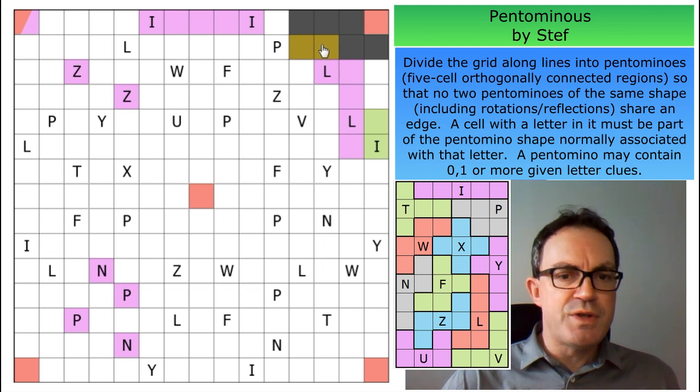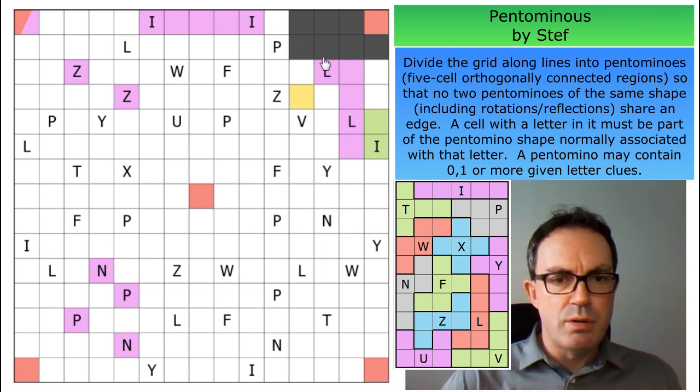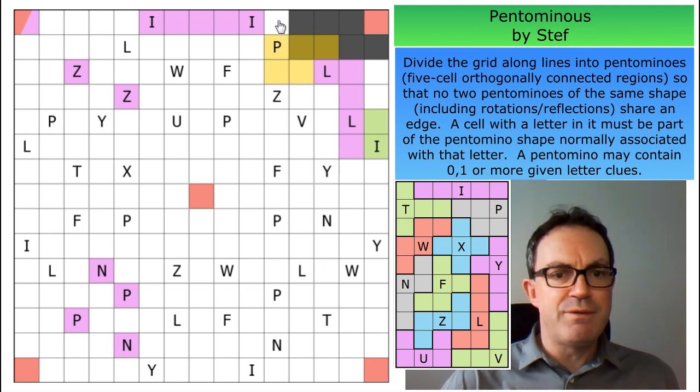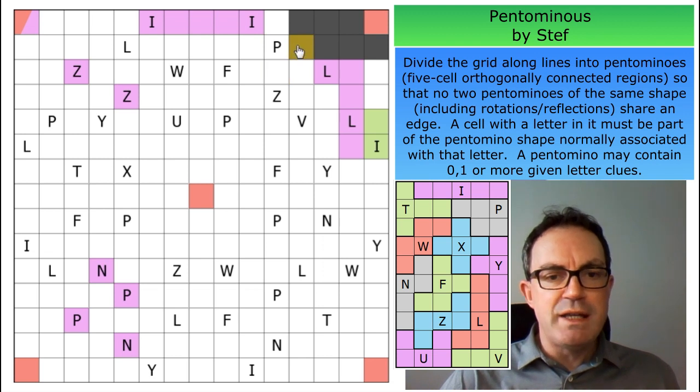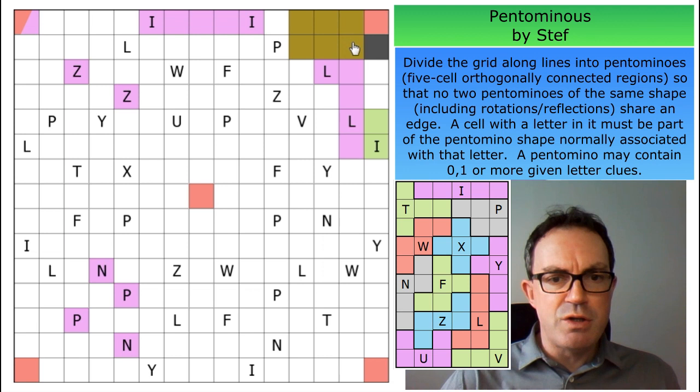You can't take those 2 with P on its own, because if you do, let's try this for a second, this top left square would have no pentomino that could reach it, this white square here. So if you have to take two of these squares, you have to take those two at least.